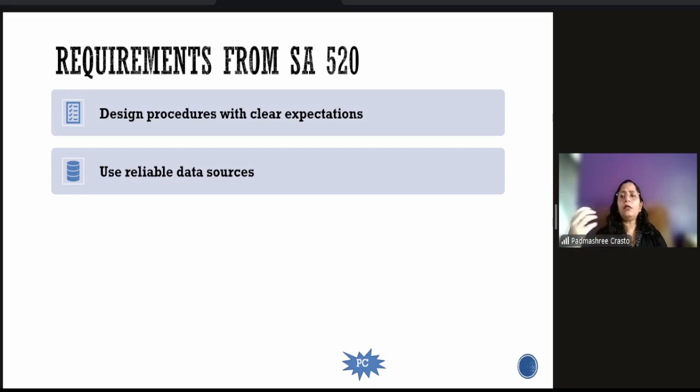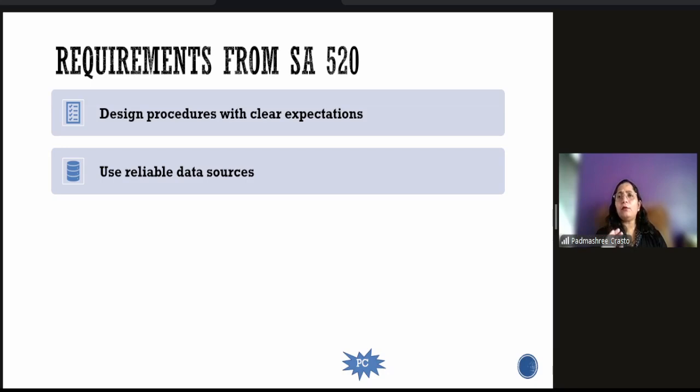The more the data is external to the entity, the assurance that you derive is higher. So the reliability of data that you take from internal sources as well as external sources has to be higher. If you have more reliable data from outside or independent data plus more internal data, then the assurance that you can derive from that is higher.